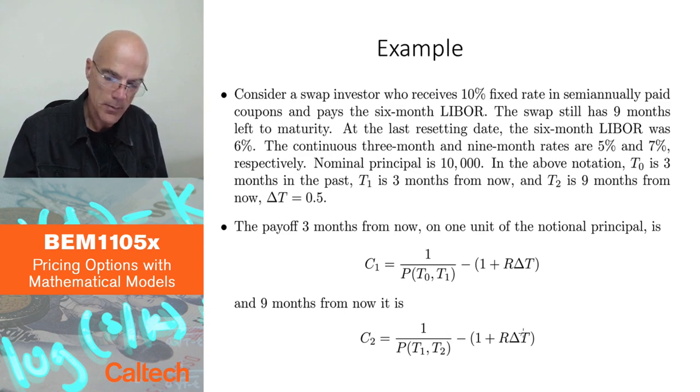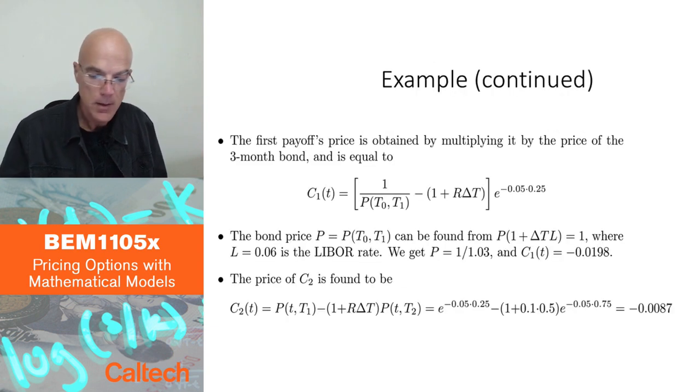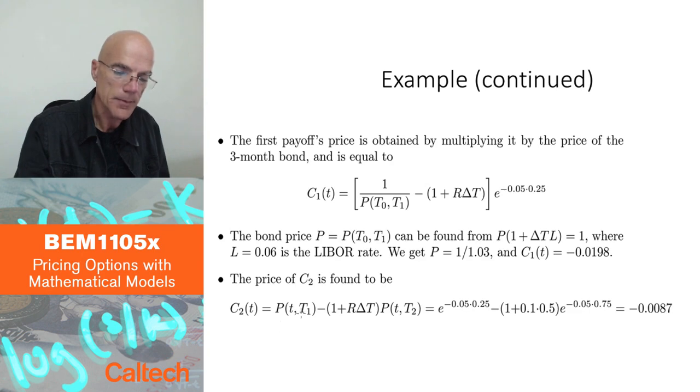I'm going to just multiply by the price of the 9-month bond, the constant term. But for the 1 over p term, I have to use that logic. This is going to be paid at T2, not at T1. So by the logic of the previous slides, if you remember, the price is just P of T, T1. You just go back a couple of slides, and that's P of T, T1.